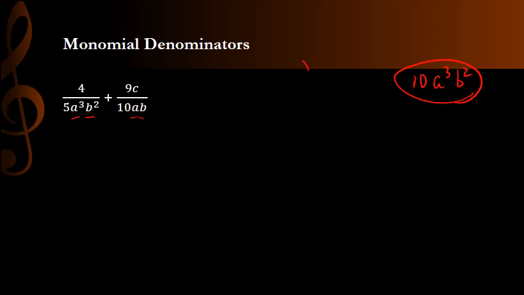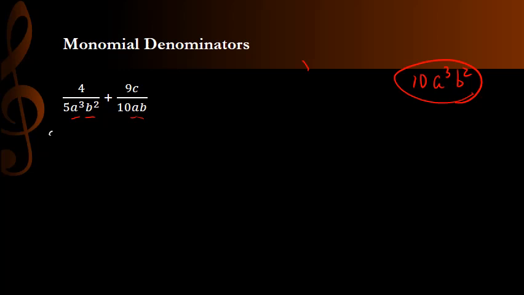Well, when I look at this expression on the left, if I multiply 5a cubed b squared by 2, I'm going to get 10a cubed b squared. But I can't multiply it just by 2 because I've got the numerator.